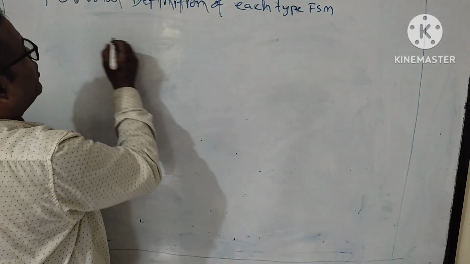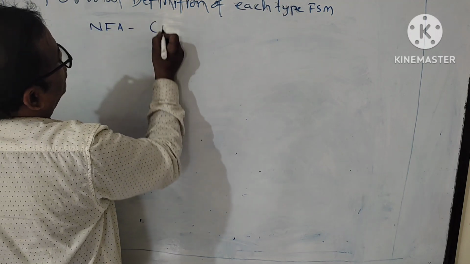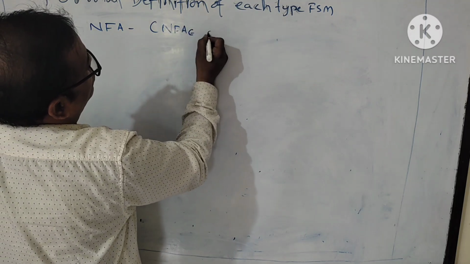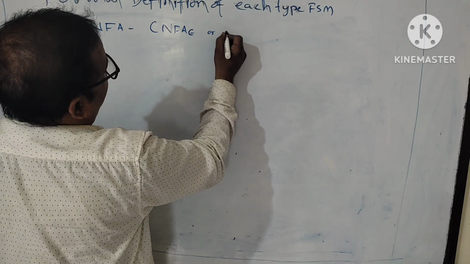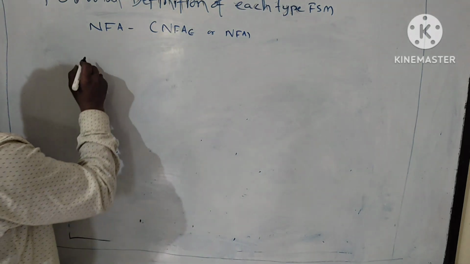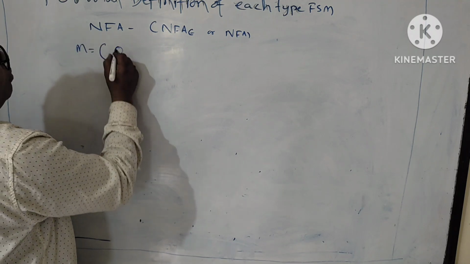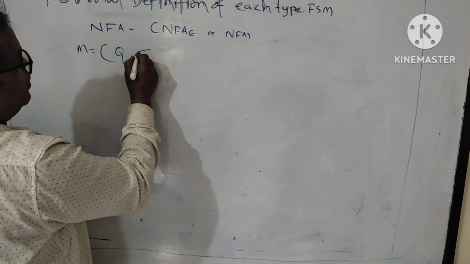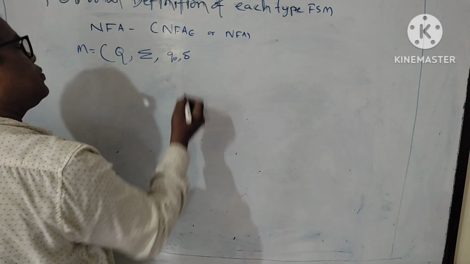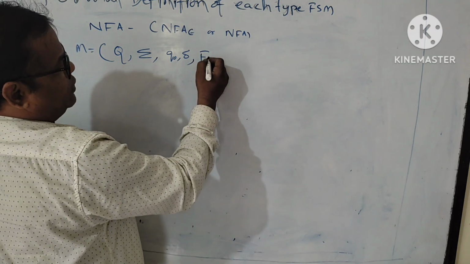Next goes to the formal definition of the NFA. As I already discussed, whether you are talking about NFA with epsilon or without epsilon, simply NFA. If you see the formal definition, it is a machine M defined with 5 tuples: the set of states, input alphabet set, the initial state, set of transition rules, and set of final states.